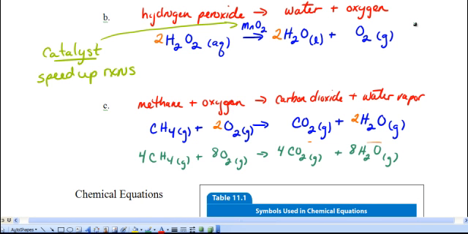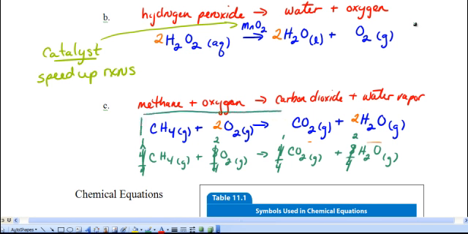However, if you notice, the 4, the 8, the 4, and the 8 are all divisible by 4. So if I divide through by 4, I can reduce these down to a 1, to 2, to 1, to 2, which matches the equation above it.